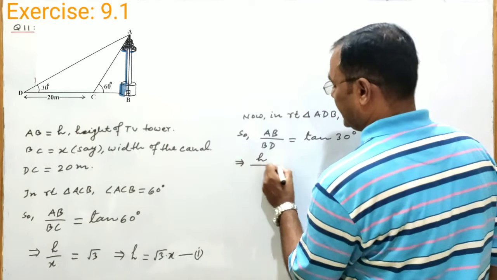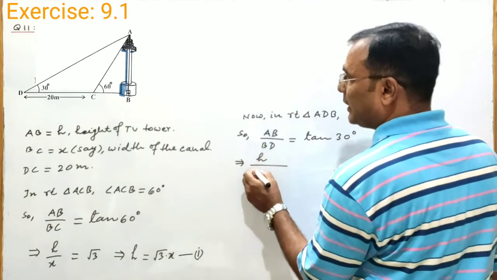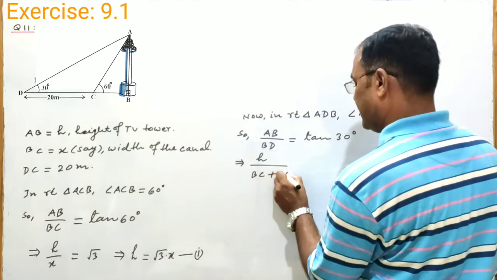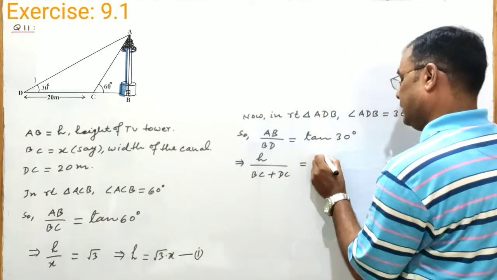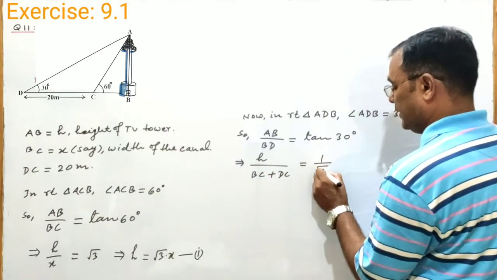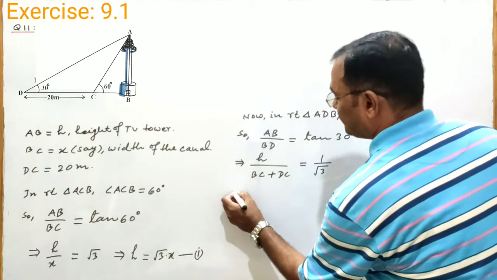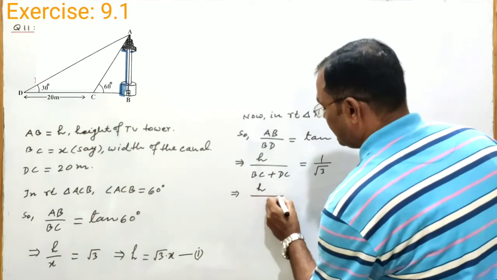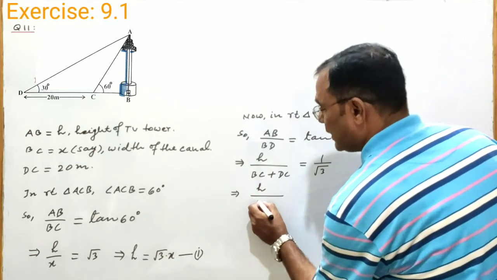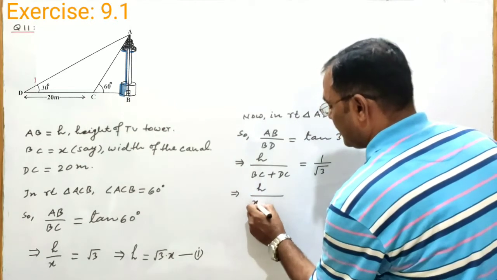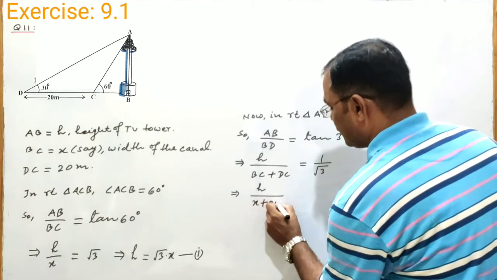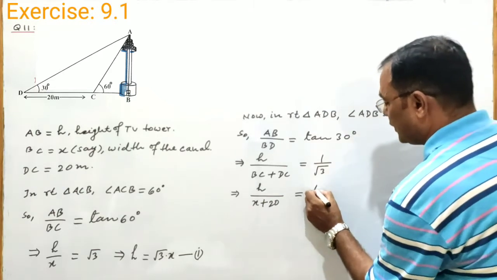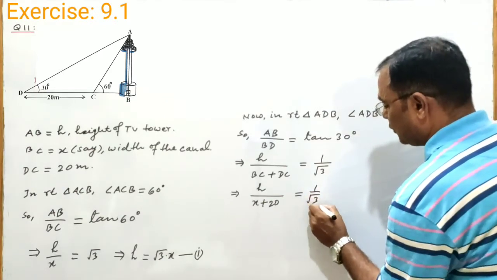AB we have written H, BD we can write BC plus DC equal to 1 by root 3. This implies H by BC is X, DC is 20. So H by X plus 20 equal to 1 by root 3.